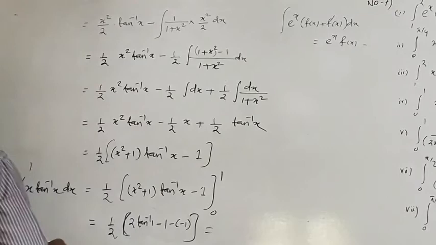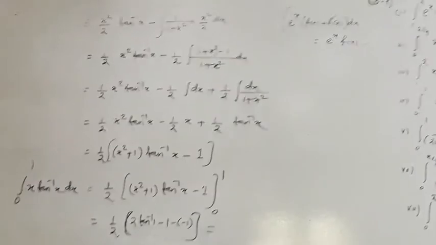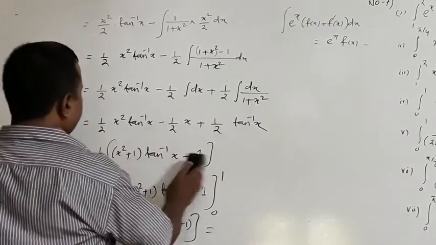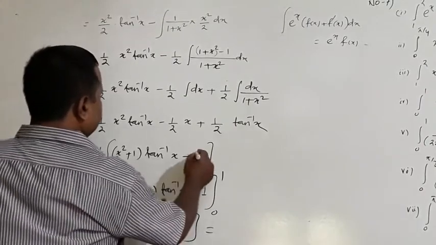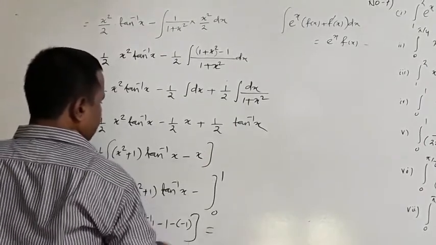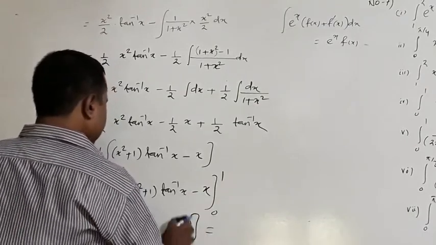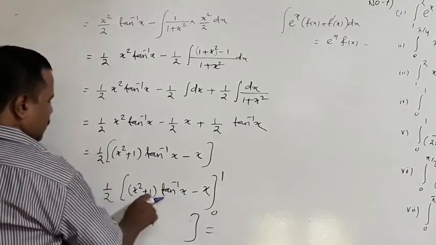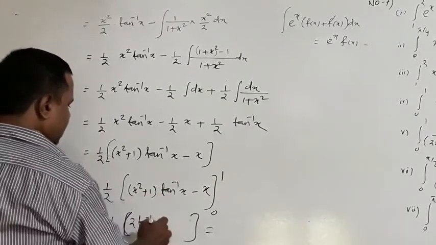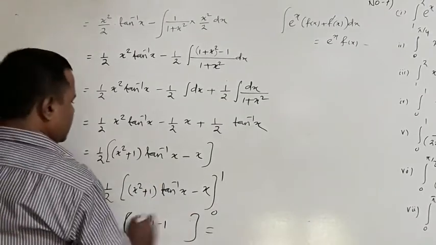Okay, so the result will be, sorry, here if I take common, it is not minus 1, it becomes x. Sorry, it becomes x. So the result will be what? If you put 1, it means 2 tan inverse 1 minus 1. When you put 0, it becomes 0.